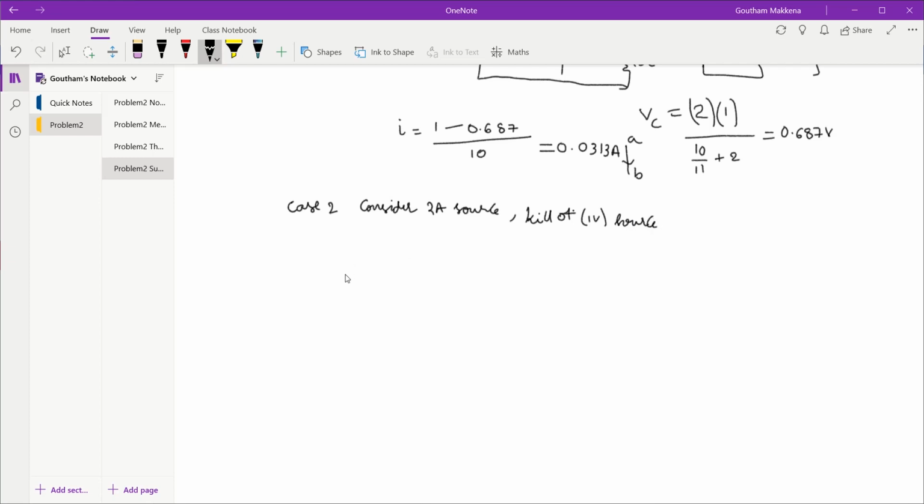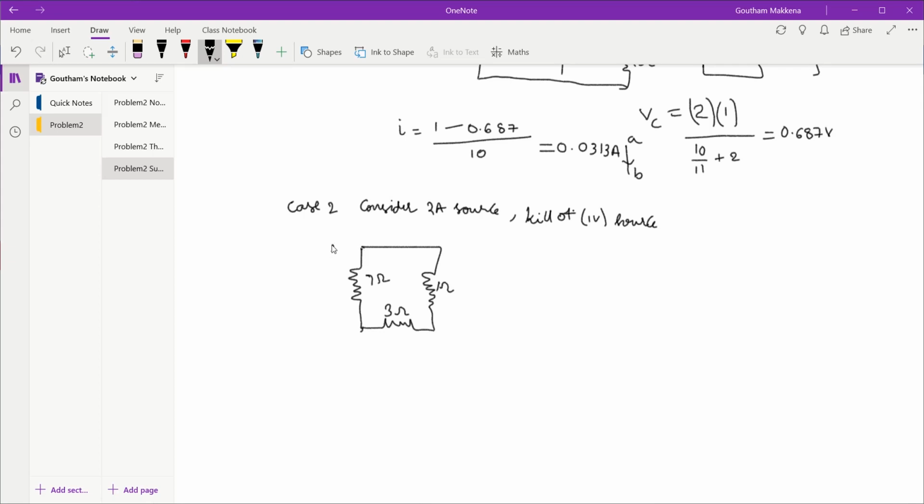So if I redraw the circuit, killing the 1 volt source is nothing but replacing it with a short circuit. So if I redraw the circuit, this is what I have. So this is 7, this is 1 ohm resistor, this is my 3 ohm resistor, 7 ohm, 1 ohm, 3 ohm.